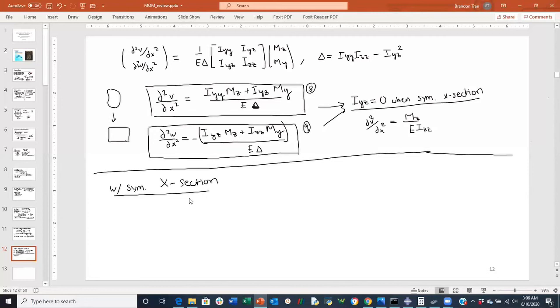And these relationships, I'm going to emphasize again, are only for symmetric cross-sections. d squared v dx squared, the second derivative of displacement in the y direction, is equal to moment about z divided by Young's modulus times inertia about Z. Okay, we established this earlier.